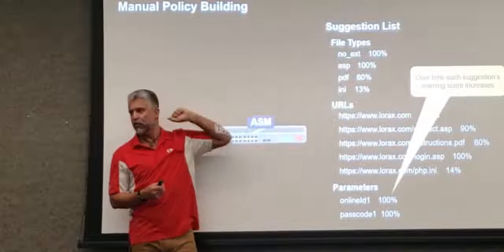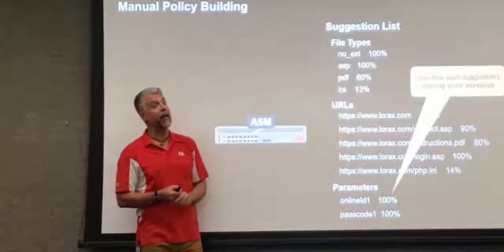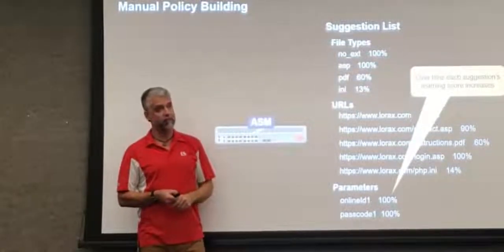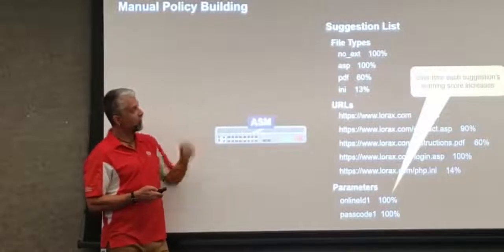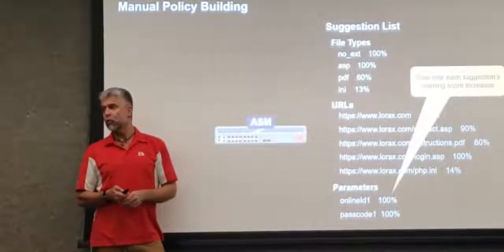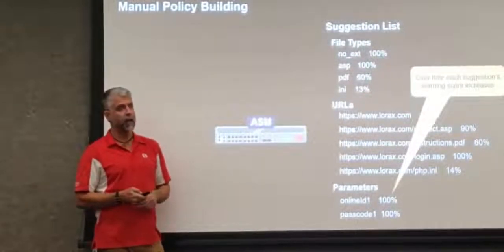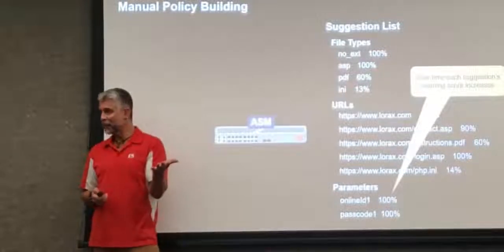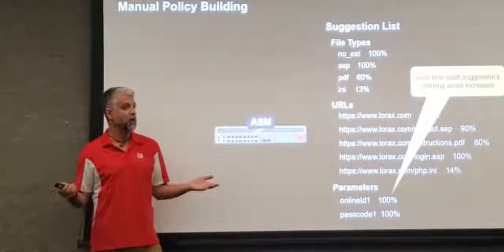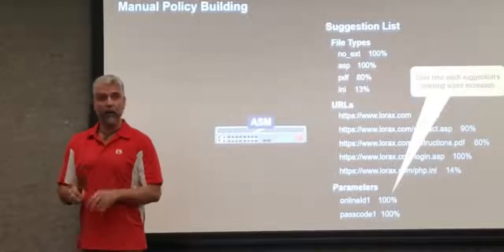I think that's a good entry. I think you're going to want to add that to your positive security. In other words, no extension, ASP, those should be valid file types, which is what you saw in your last exercise. You saw some of those entries become 100% after you generated enough requests.